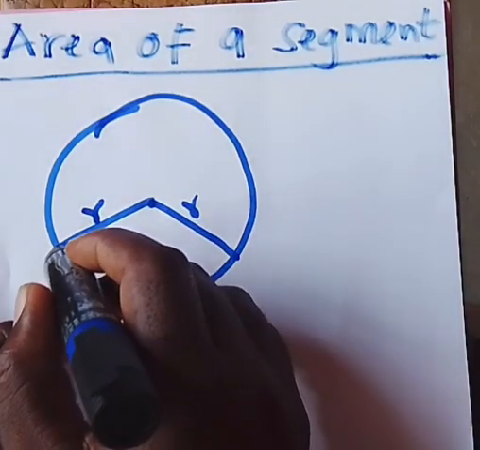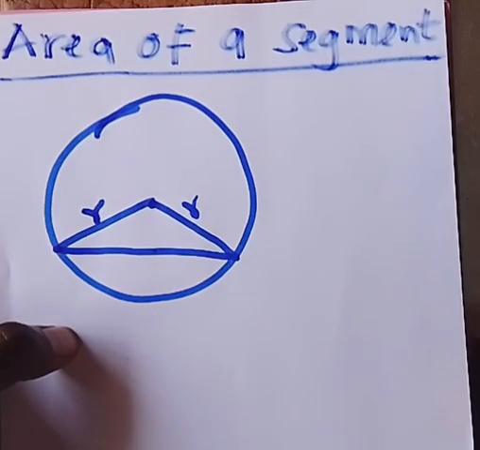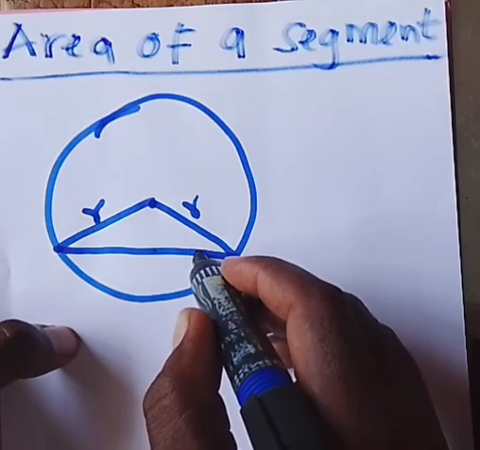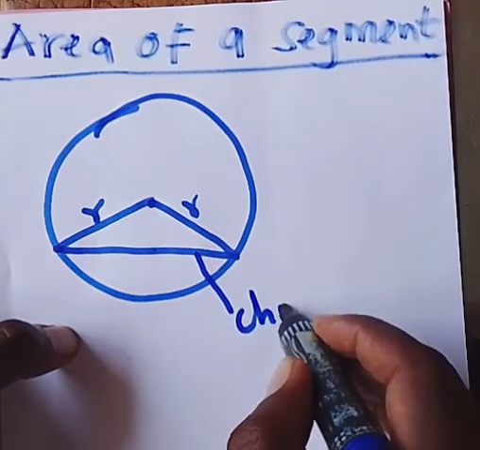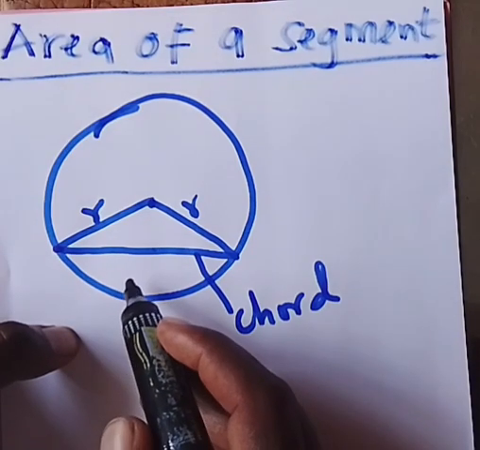Then I'll draw another line which joins two parts of the circumference, which we normally call a chord. So this is a chord. A chord is a line joining two parts of the circumference. The greatest chord, or the largest one, is called the diameter.